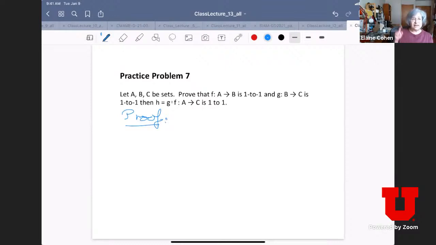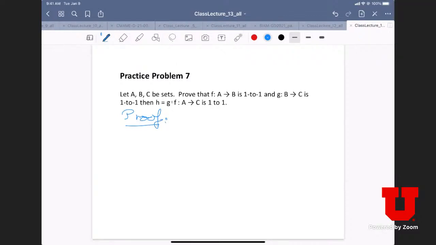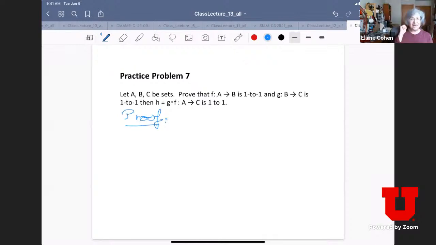Do you remember what the definition of one-to-one is? For every output, at most one arrow goes to it. Yes, that's a very good way of saying it.